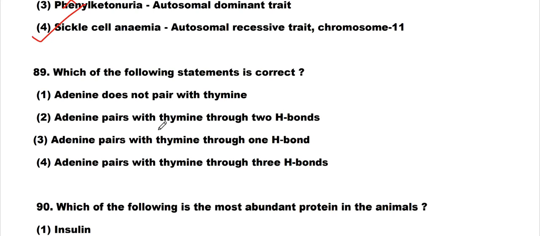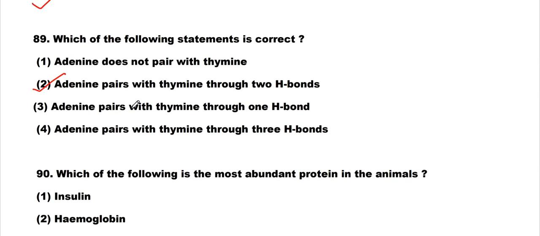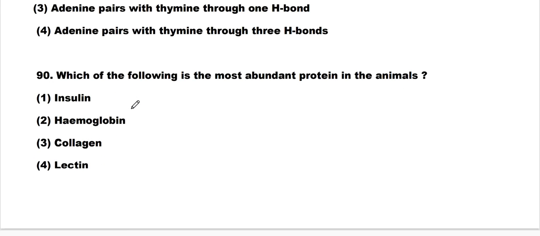So for this, the answer is very straight. Adenine pairs with thymine with 2 hydrogen bonds. Answer is 2. Next, which of the following is the most abundant protein in the animals? In the animals, the most abundant protein is collagen. Its answer is 3.